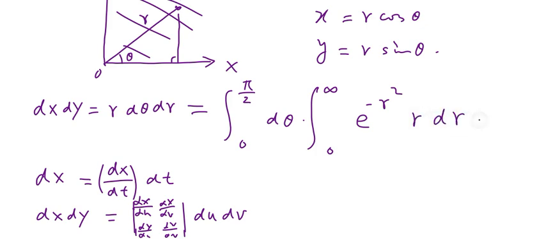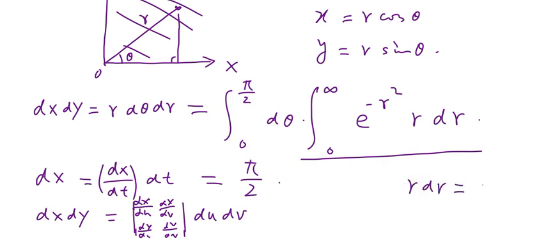So the integral of r dr, we find this integration is easy, right? Now this is pi over 2, and for this one it is easy because we can use r squared as a new variable. So r dr equals half of d of r squared.